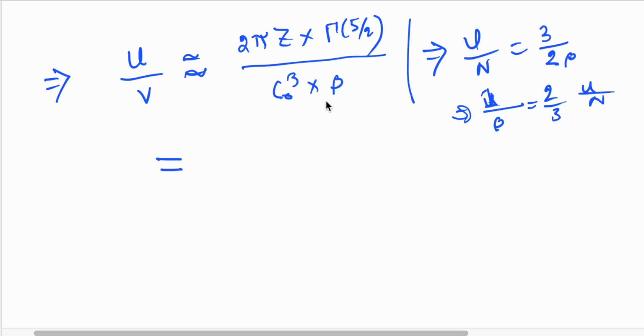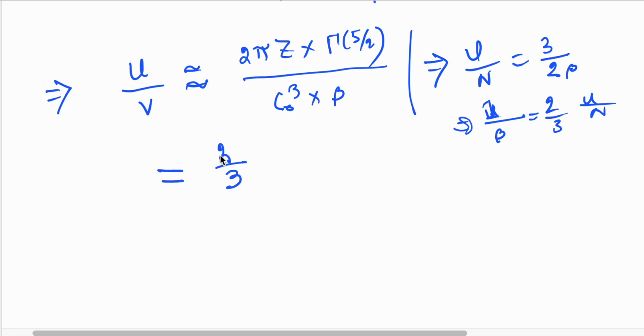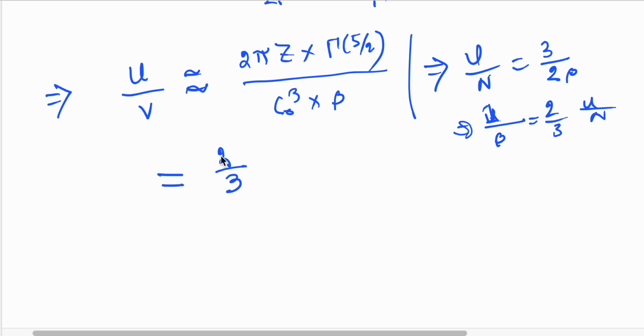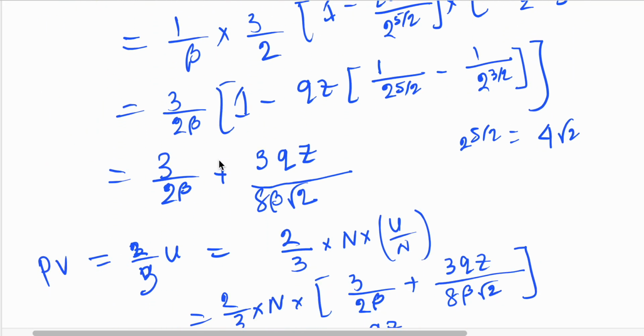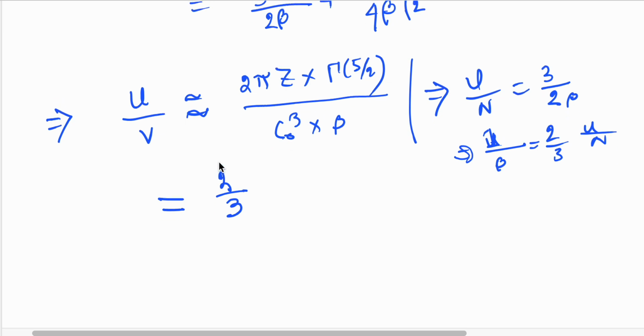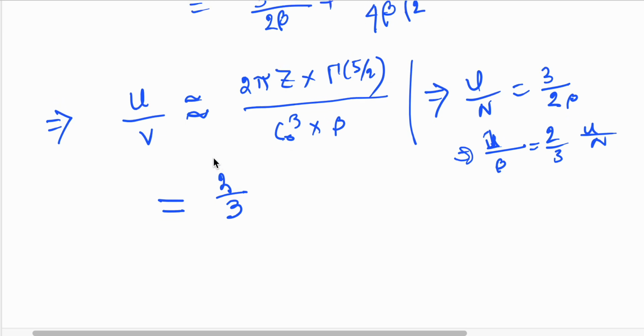So in place of beta, we write 1 by beta, 2/3. Is it 2/3 or 3 by 2? Okay, let me check it. It is 2/3.